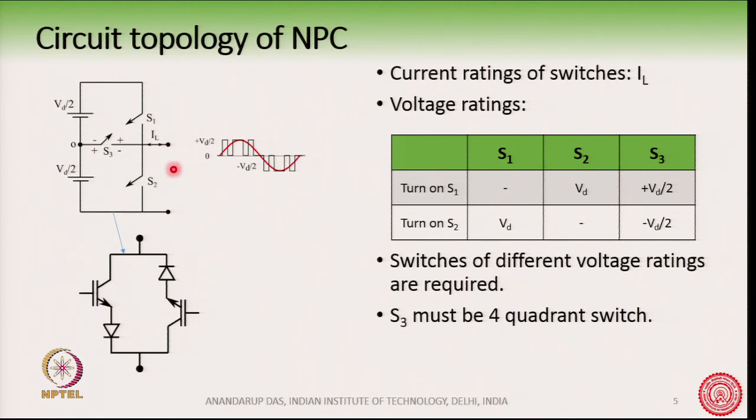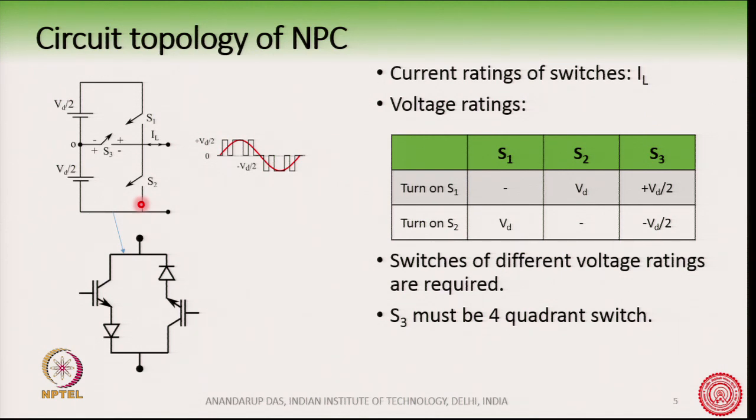So, all the switches must be carrying at least this amount of current. What about the voltage rating of these switches? So, how do I know what is the voltage rating of the switch? I can know the voltage rating of a switch, for example, for S1, by turning on the other switches and seeing how much voltage S1 has to block.